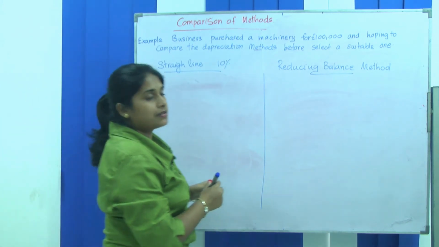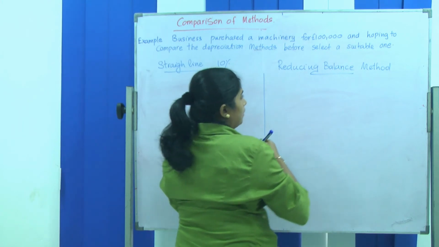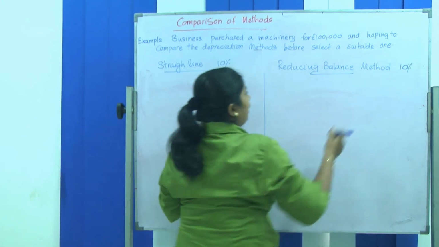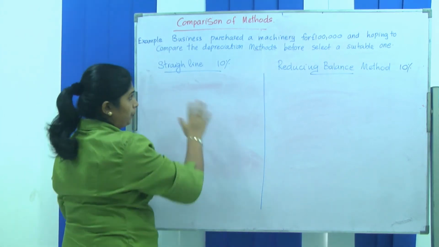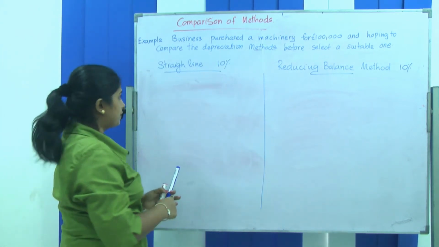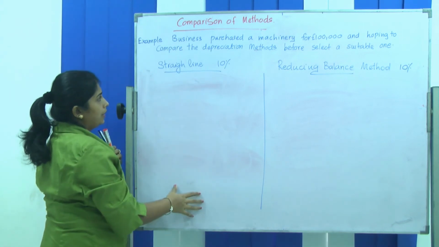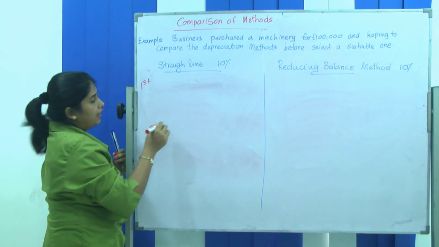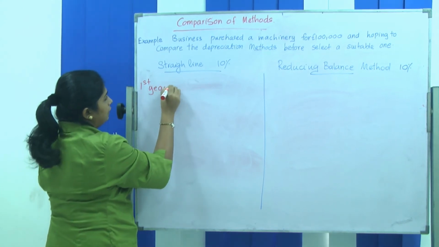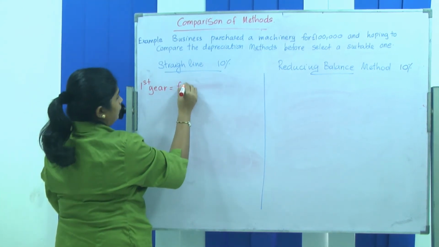For the straight line method they are using 10%, and for the reducing balance method they are also going to use 10%. So both of them have been given as a percentage. First we'll calculate the straight line method, for the first 3 years. The first year the cost is 100,000.